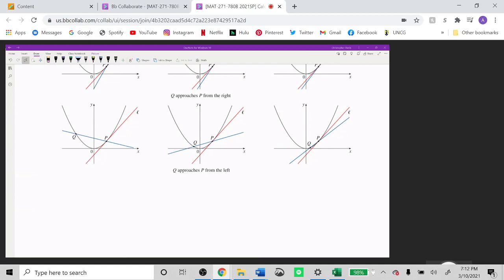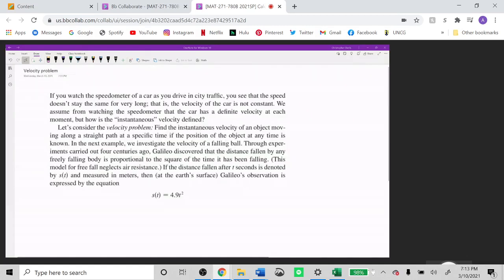Through experiments carried out 4 centuries ago, Galileo discovered that the distance fallen by any freely falling body is proportional to the square of the time that it's been falling, which, of course, ignores air resistance. If the distance fallen after t seconds is denoted s of t and measured in meters, then, at the Earth's surface, Galileo's observation is expressed by the equation s of t equals 4.9 t squared.